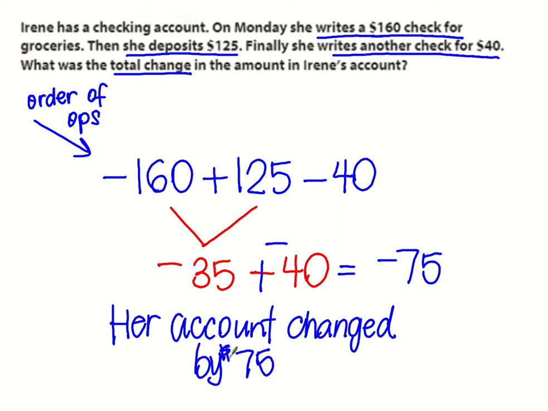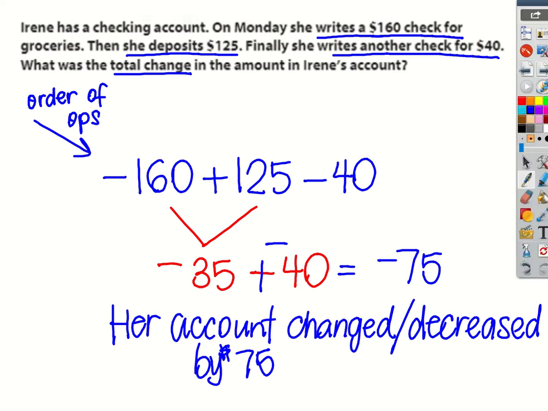We could also say, because it just says what was the total change, instead of saying changed, we could say decreased, because it's -75. We could say that it decreased by $75 if we want to be more specific.